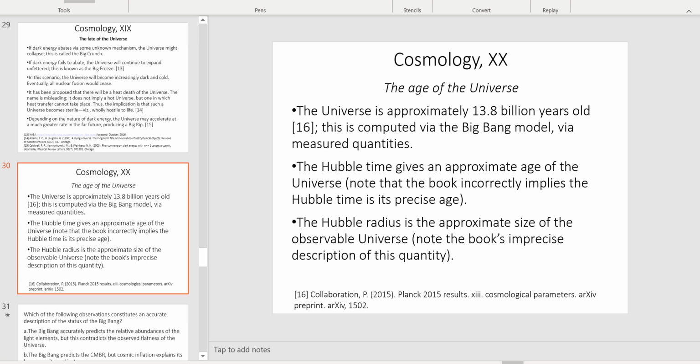There are some people who will say, by the way, that the Hubble time gives you the approximate age of the universe, which is 1 over... well, anyway, I don't want to go into it, but whenever you see the Hubble time or the Hubble radius, for example, these are just approximations. So this video is already too long. But in any case, I just want to mention to you that we measure the age of the universe more precisely than just the Hubble time or Hubble radius.